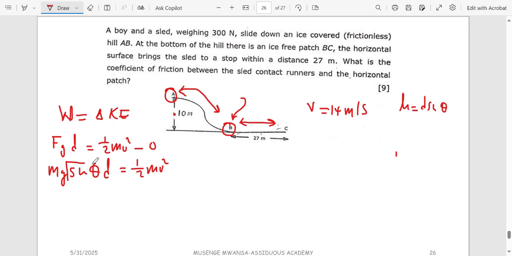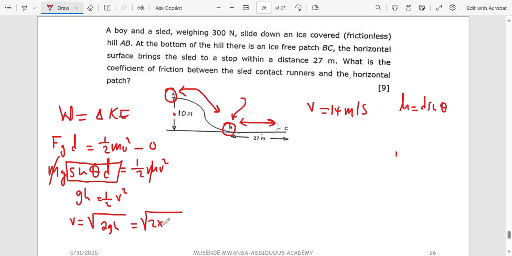So where there is d sine theta here, we are going to put the height. Can you see that the masses are cancelling out? So this will be gh equal to half v squared. Cross multiply and make v the subject, it will give you the square root of 2gh. It is the same thing that we did, 2 times 9.8, the height is 10. That gave us 14. So we have found 14 from the work energy theorem.